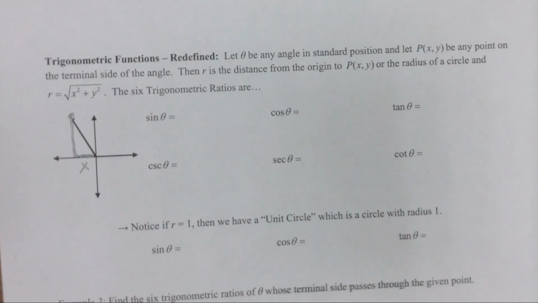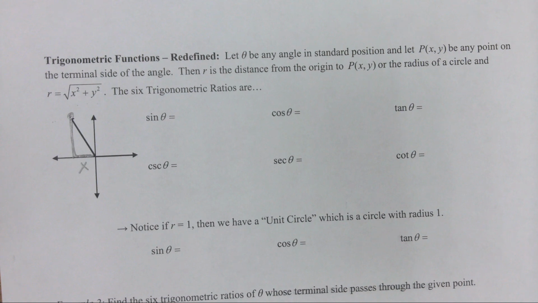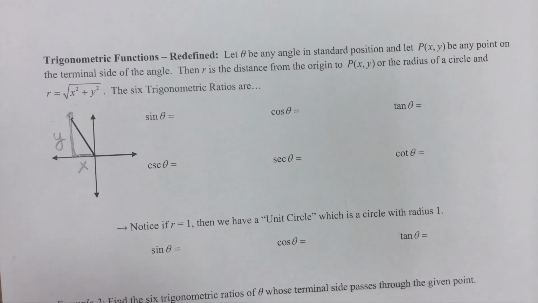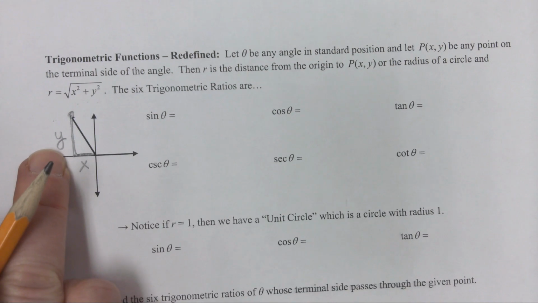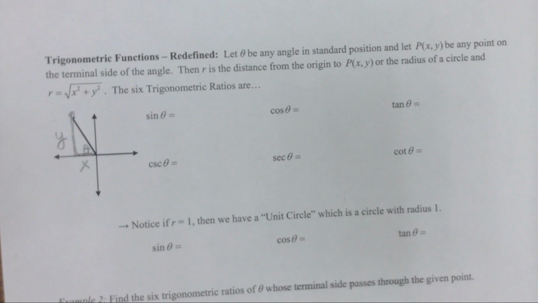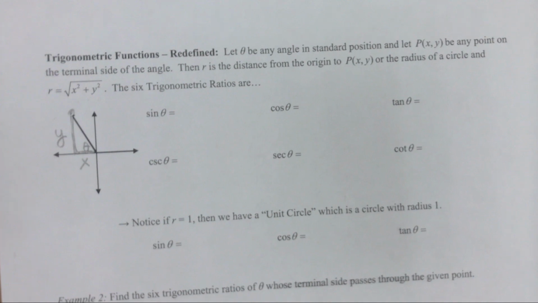And it would be negative, right? Okay. Wouldn't you also agree that its y coordinate would tell you that piece? If you made a triangle and you made this theta, the reference angle, y is which piece? The opposite or the adjacent? Opposite. And x is the adjacent.